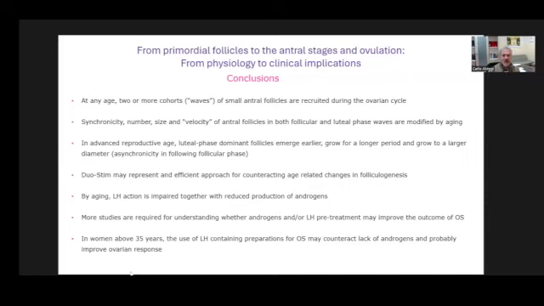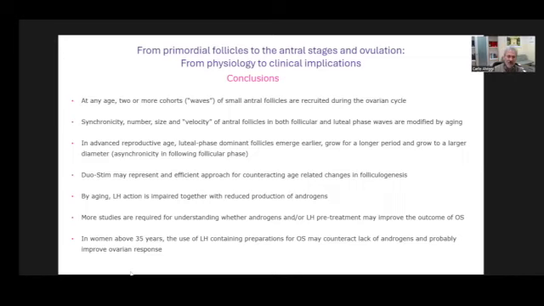By aging, LH action is impaired. The endogenous LH is lower in terms of quality and quantity, the receptors are less performing, and the androgens are lower. So probably we need more studies to definitively prove this, but giving LH or androgens, and I prefer to think about LH, in the early stages of stimulation or even before stimulation can optimize the androgen milieu, improve FSH expression in granulosa cells, and improve early follicular recruitment during ovarian stimulation.